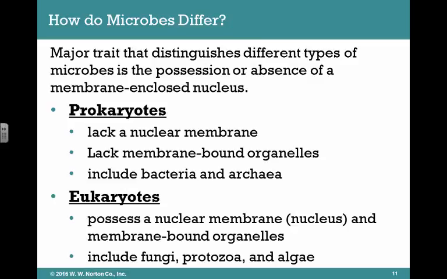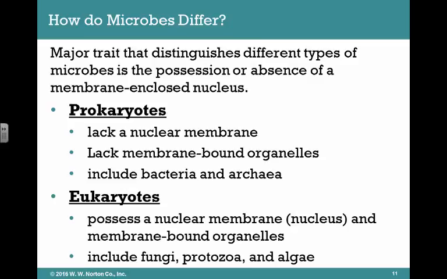Prokaryotes have no internal compartments, no internal lipid bilayers. They simply have one lipid bilayer around the entire cell, the cell membrane. So they don't have any nucleus or any organelles. This includes all of the microorganisms in the domains Bacteria and Archaea. Eukaryotes, on the other hand, are more complex. They do have internal compartments.